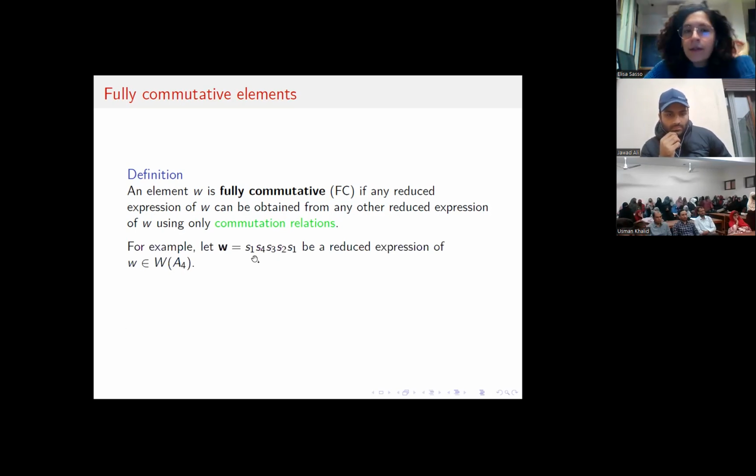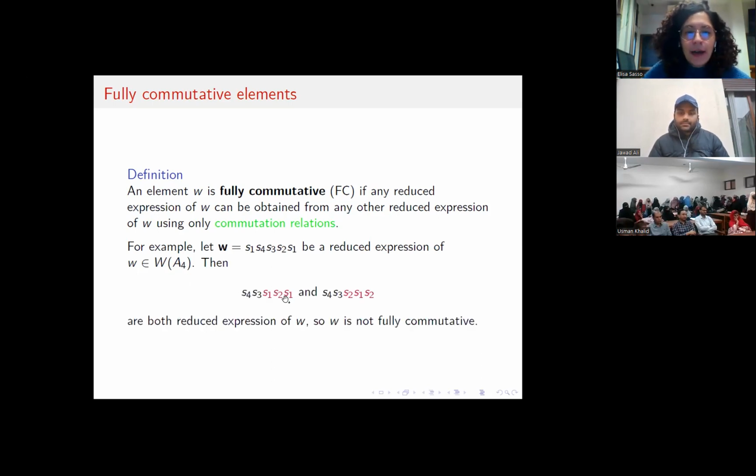So let's consider this expression of an element in the Coxeter system of type A, A4 in particular. So let's see. We have two other expressions for this element. How I obtained the first one: I swapped S1 and S4, and then S1 and S3, you see, and then I obtained S4, S3, S1, S2, S1.